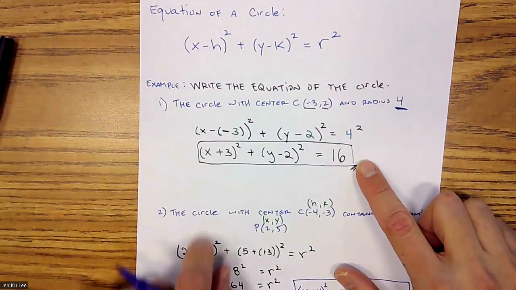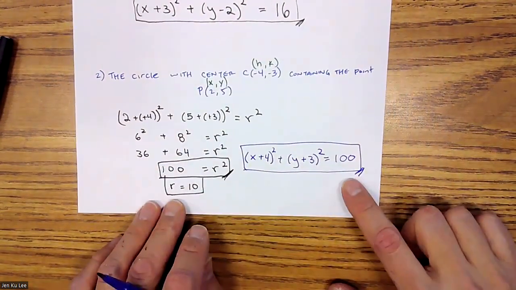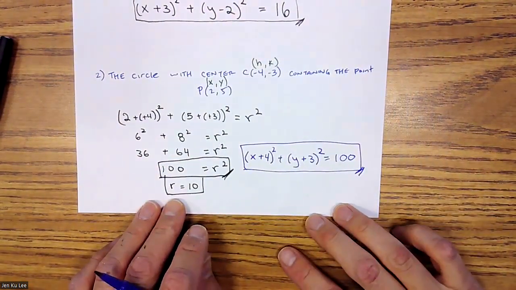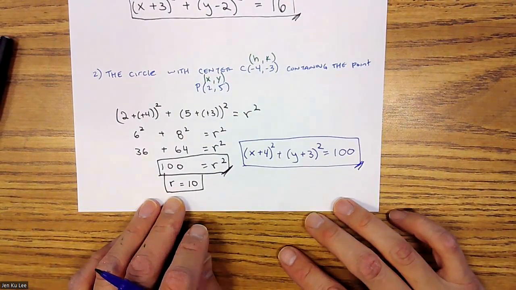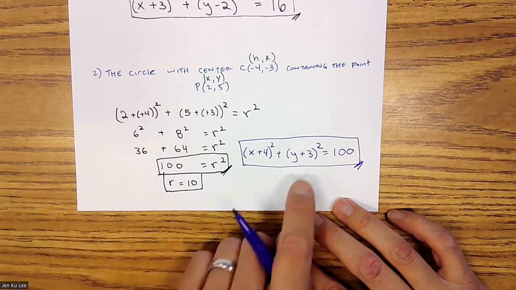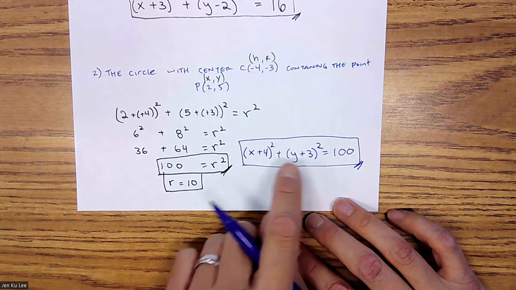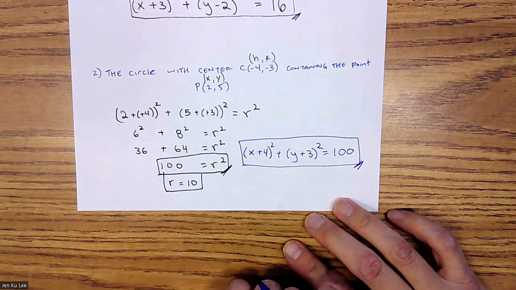This one? Yeah, that's number 1. No. This is number 2. Do we understand how I got the +4 and the +3? Yeah, because that's my center.